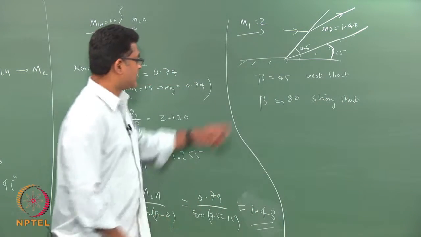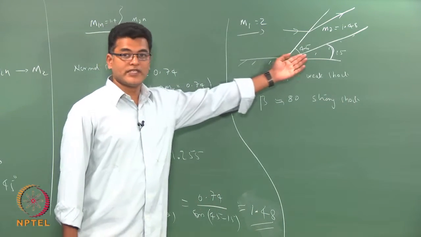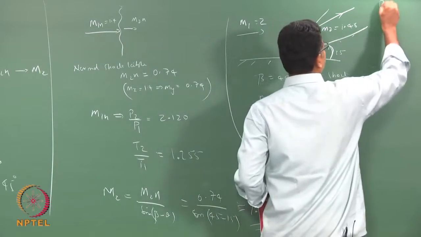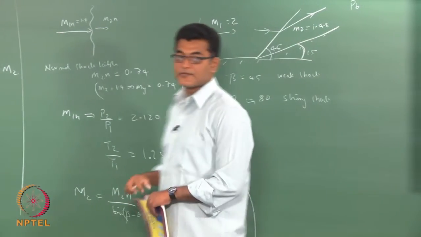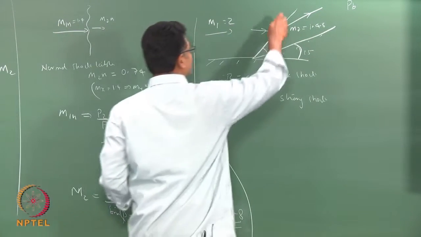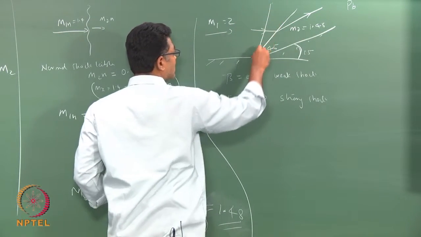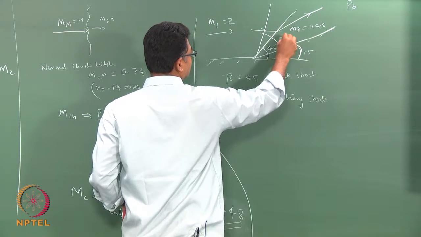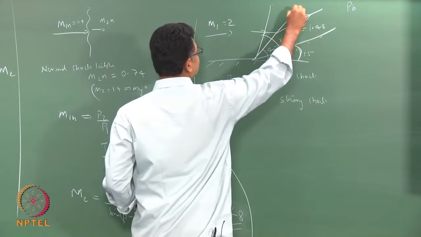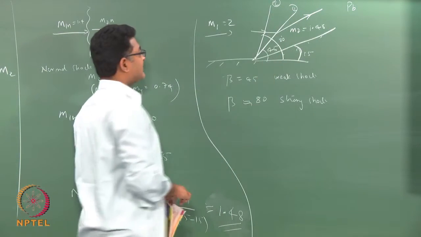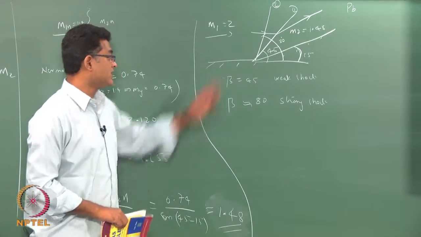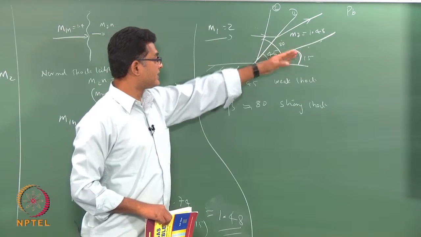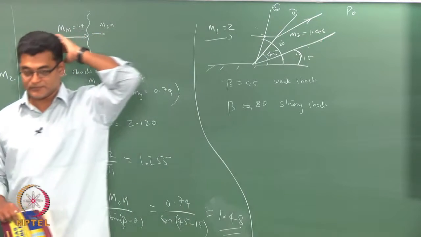Whether the flow takes the weak solution or the strong solution depends on your back pressure. So, it can be either this or another shock like this. One is the weak solution, two is the strong solution, and which one occurs is decided by your back pressure.